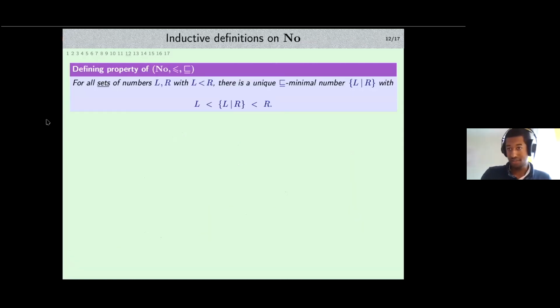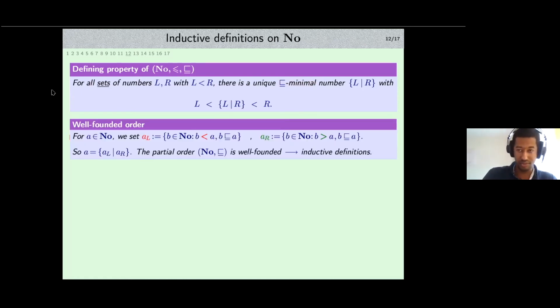So surreal numbers have a defining property, which is how Conway defined surreal numbers: if you take sets of surreal numbers L and R, for left and right, where everything in L is smaller than everything in R, there's something that is between the sets. So there is a number written like this, which is between L and R. And there's also a simplest one that is minimal for the simplicity relation, a unique minimal one.